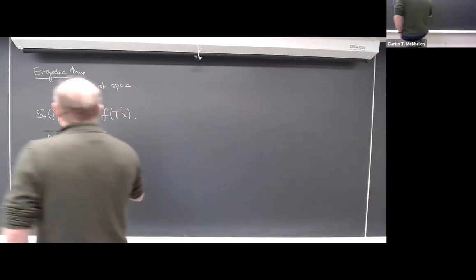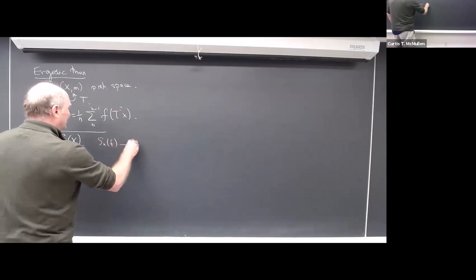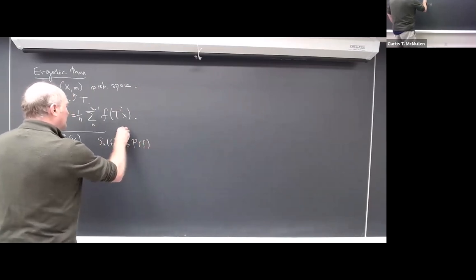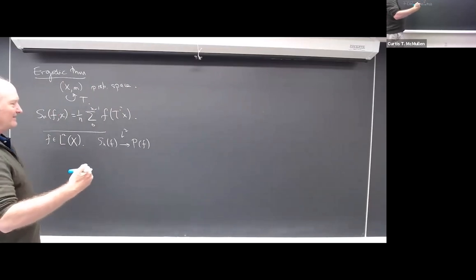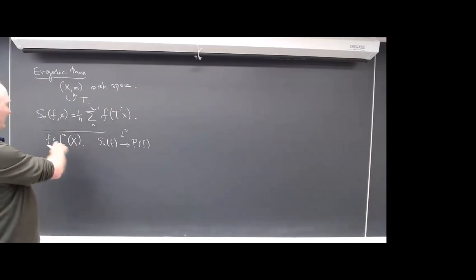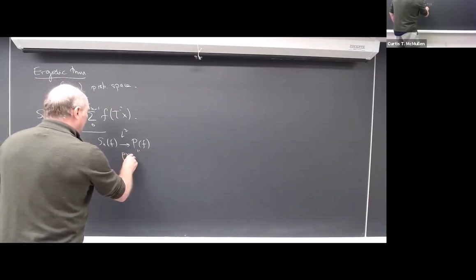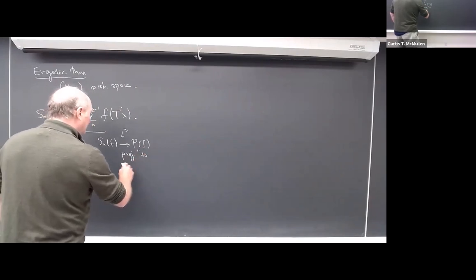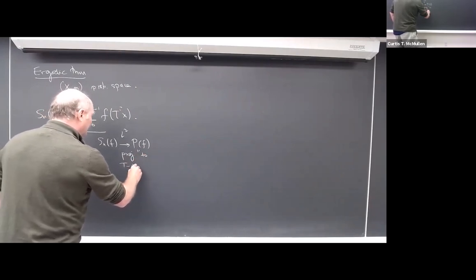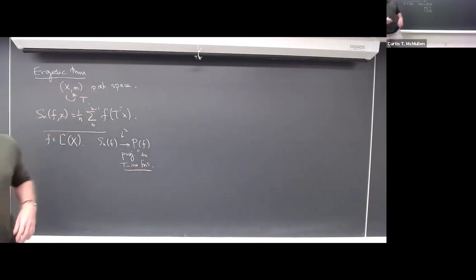And the theorem here was that S_n f tends in L2 to P f. And P f is just the projection of f to the part of it that's invariant under the action of T. So this is the projection to the T-invariant functions, which form a closed subspace of L2.